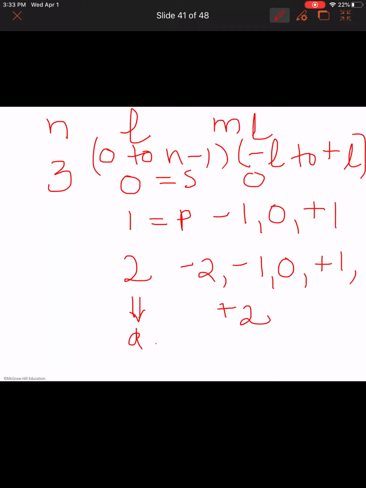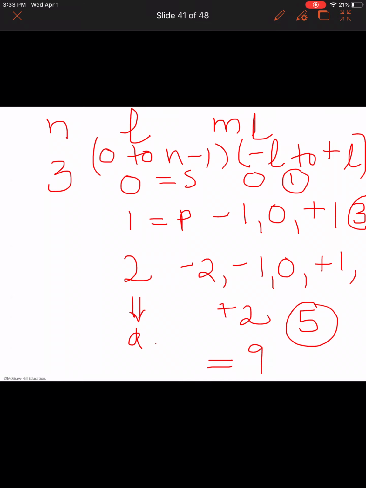If ML equals 0, it has only one orbital. That's 1 right there. And then there are 3 ML values for L equals 1: 1, 2, 3. So there are 3 orbitals. And here you have minus 2, minus 1, 0, plus 1, plus 2. There are 5 orbitals of d. So 1 plus 3 plus 5 is 9 orbitals possible.